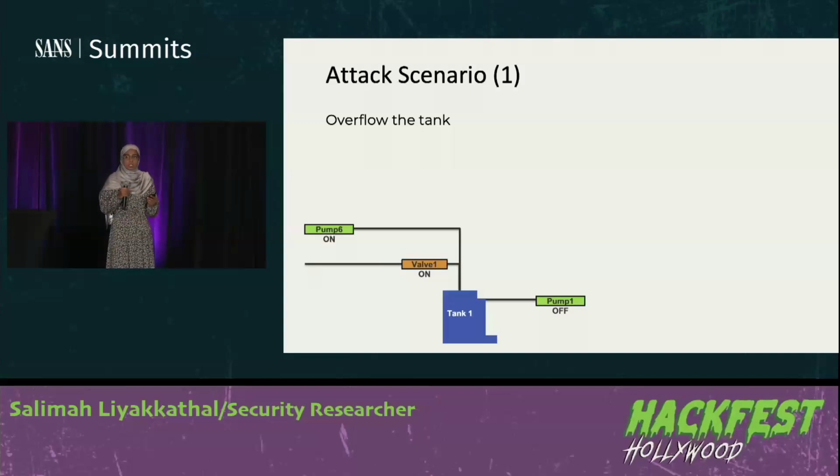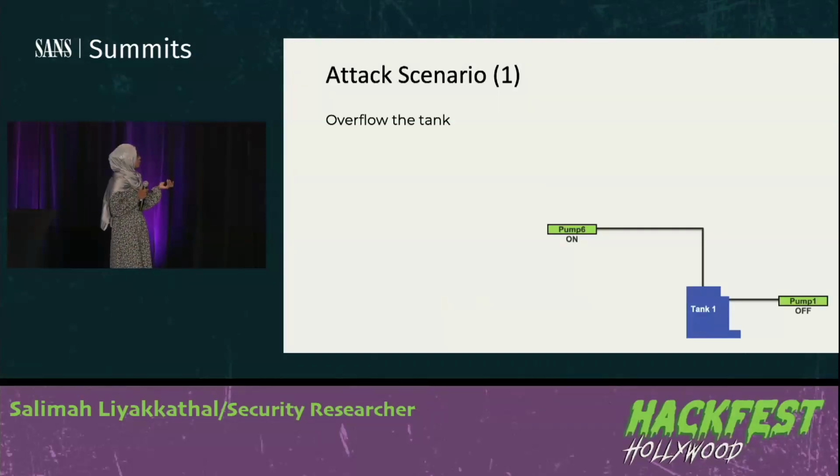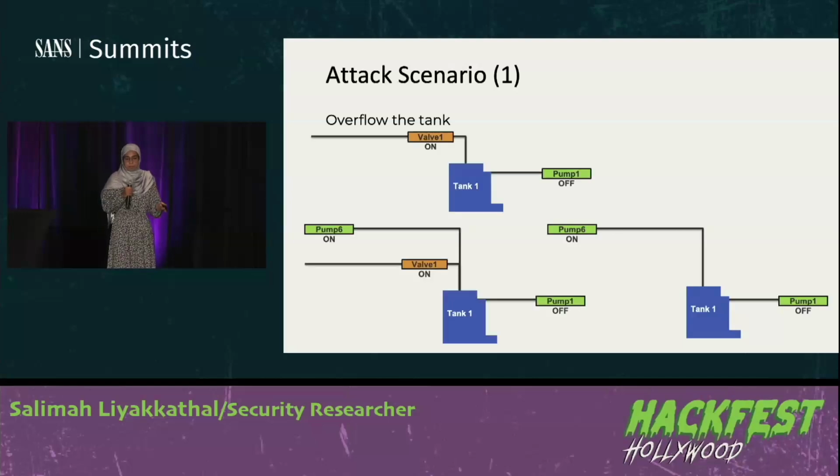This will cause the water level to slowly increase and eventually overflow. And thirdly, it focuses on the pumps themselves: you turn on pump 6 and turn off pump 1. This causes the water level to slowly increase, reach the brim, and eventually overflow. So these are the three possible scenarios that you could use to overflow a particular tank.